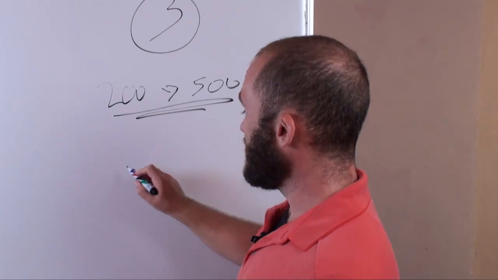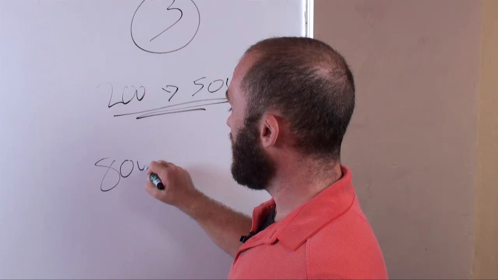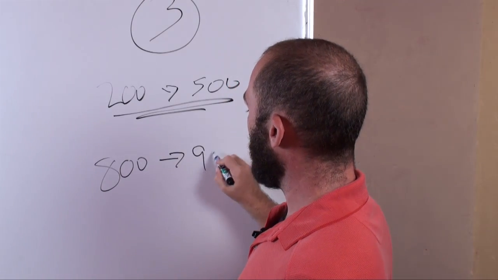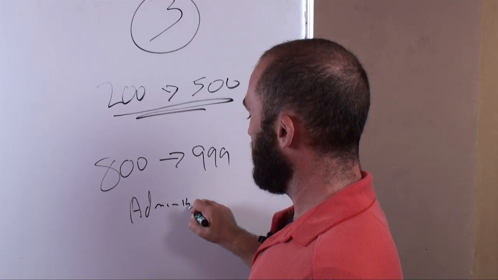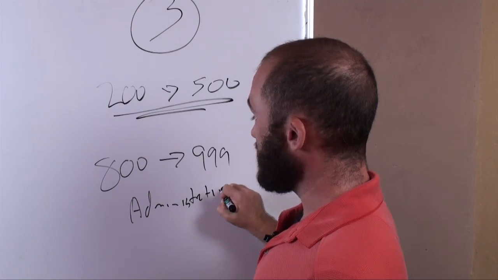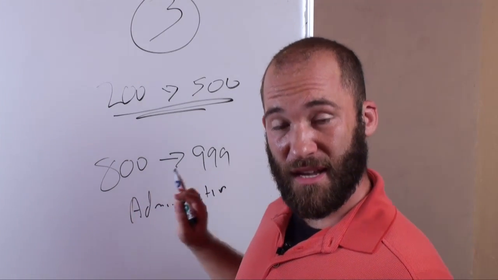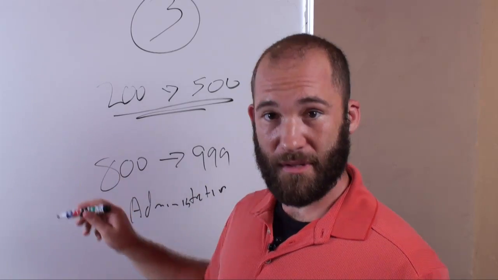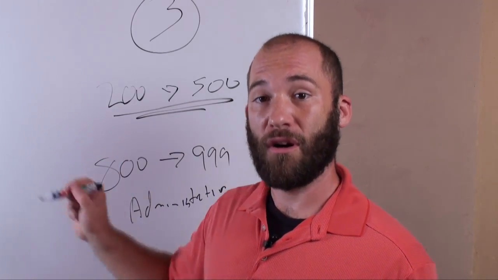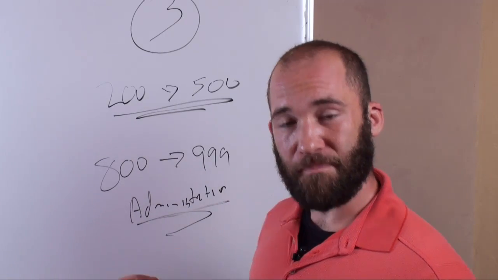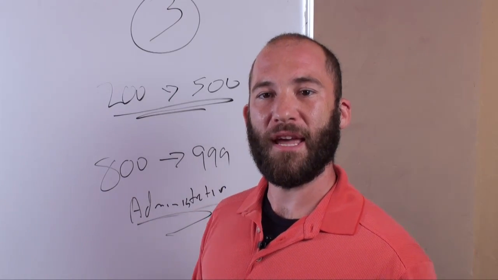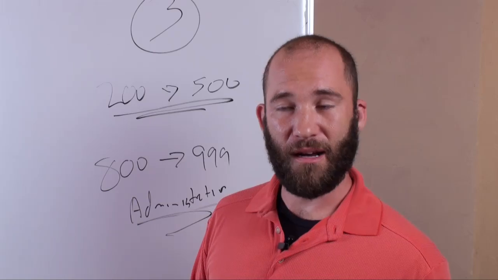But what I'm going to do is I'm going to say extensions 800 to 999 will be the administrative extensions. So these are the extensions that are going to relate to auto attendants. These are the extensions that are going to relate to call groups, to hunt groups. Basically, these administrative extensions are extensions that nobody should actually dial.